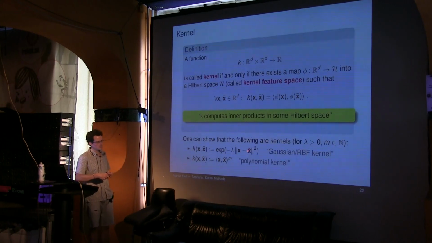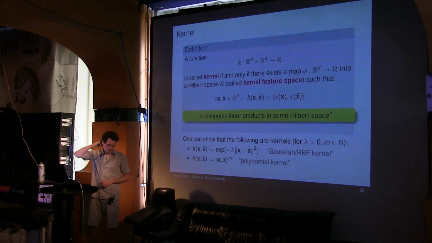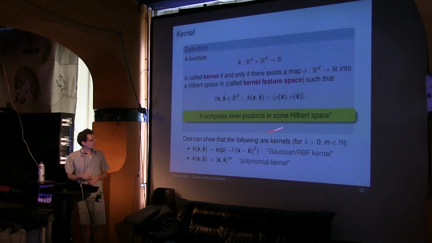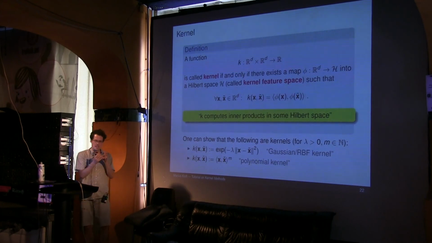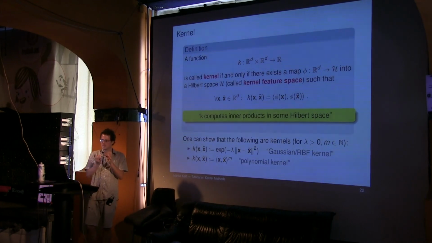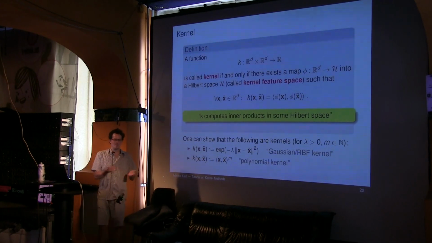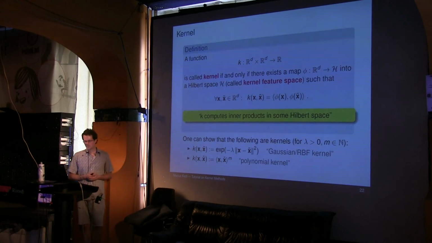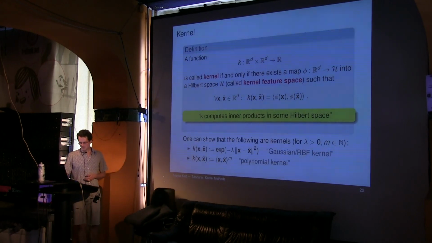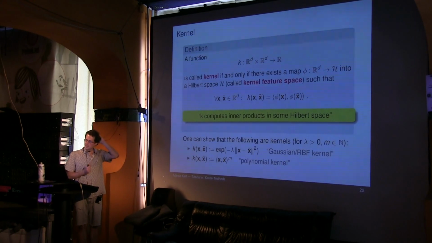If you have a large distance here, the exponential makes the distance much larger, or the similarity equivalently, which is captured by the kernel, much smaller. So this leads to viewing your data in local neighborhoods, which is pretty similar to our simple example from the beginning, the k-nearest neighbor algorithm. More questions about this?